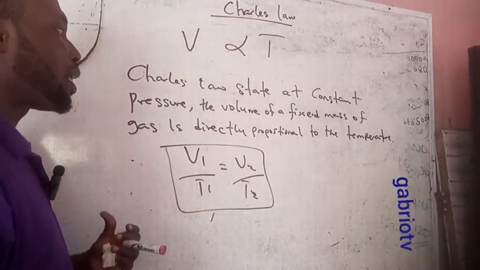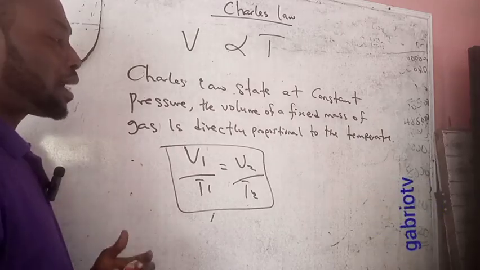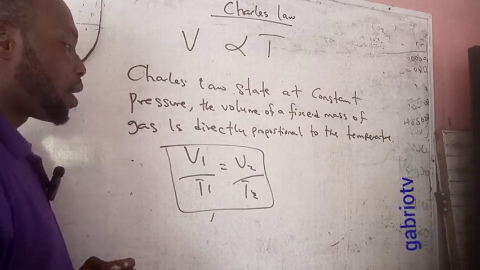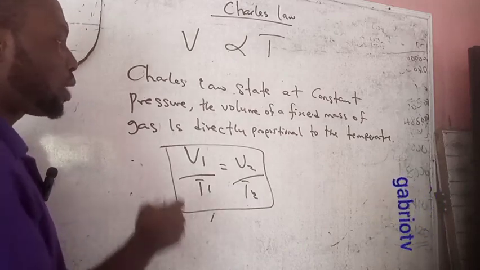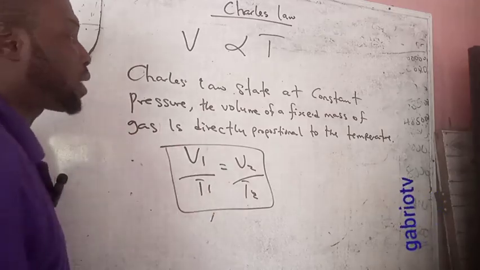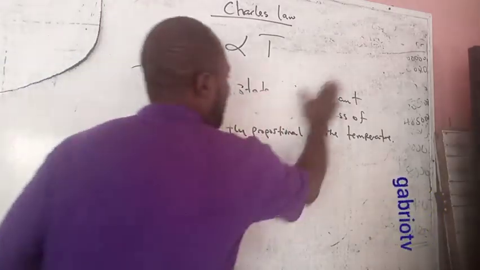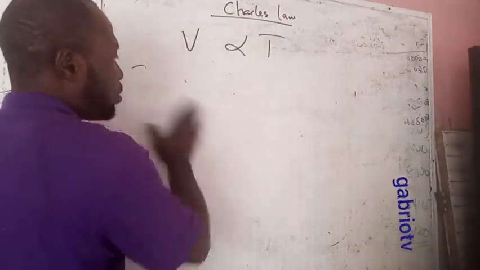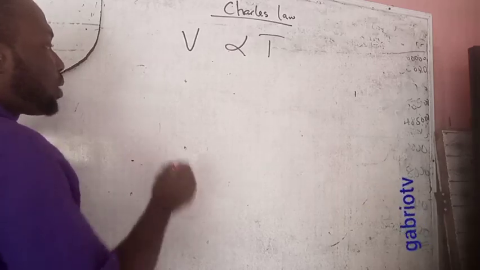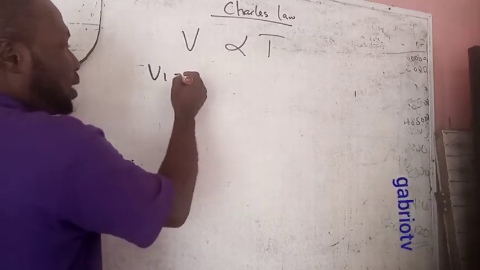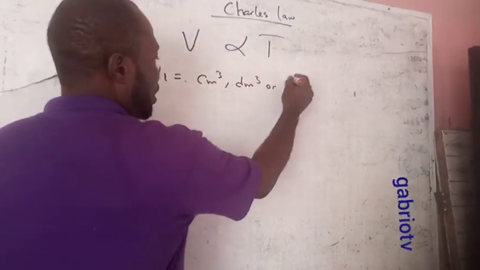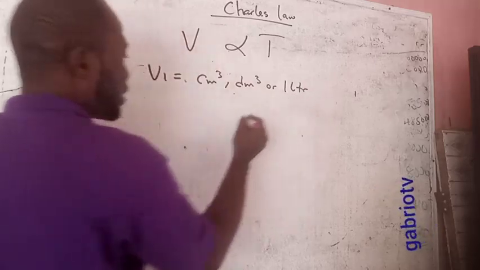Then if we are looking at the mathematical calculation aspect of the Charles law, we need to be careful. There are two things here. We have volume, usually in cm cube, dm cube, or liter.